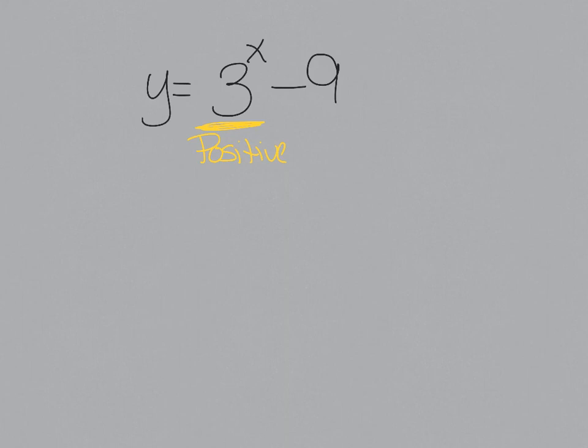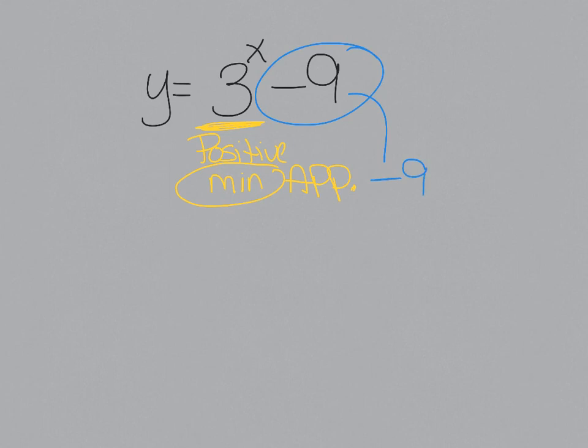So that tells me that I'm going to have a minimum. My vertex is going to be, well, I don't have a vertex, but I'm going to have a minimum that is approaching, and the approaching is going to come from here, -9. So the number behind your base and your power of x is going to be what you're approaching.